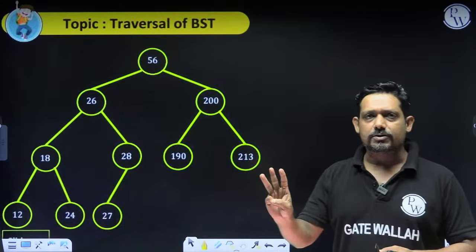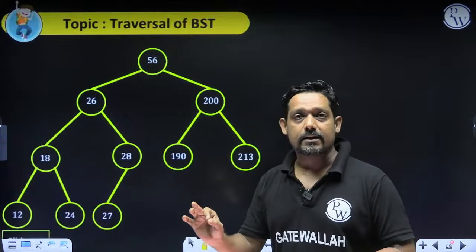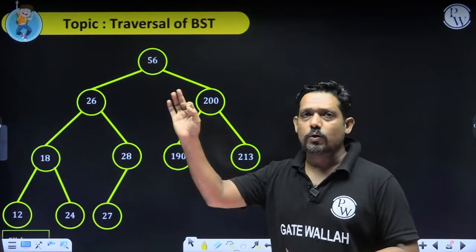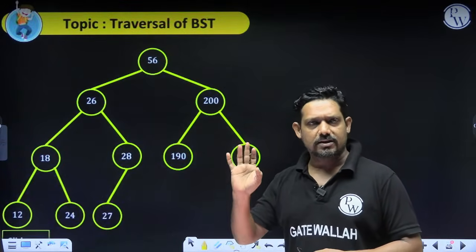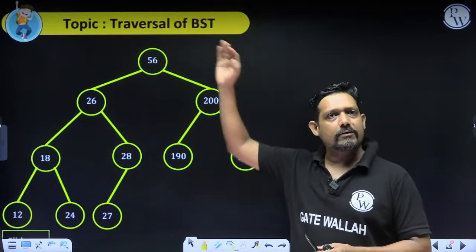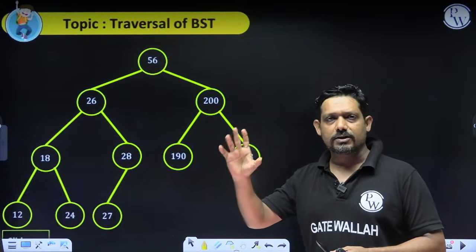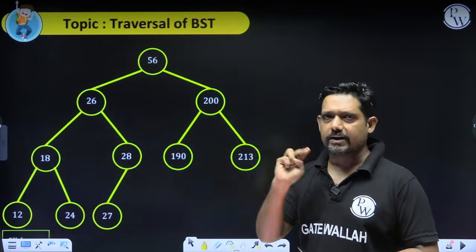The three traversals in-order, pre-order and post-order are the traversals which go depth first. And level order traversal, level by level, is a breadth first traversal. So two categories are there.